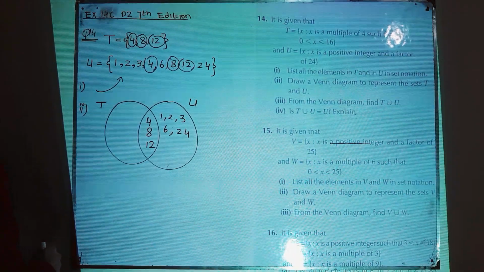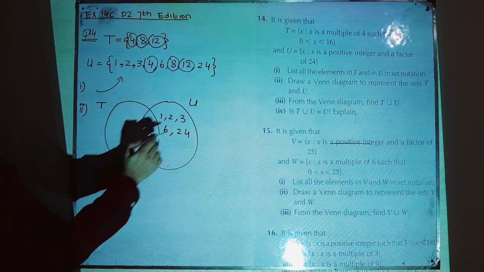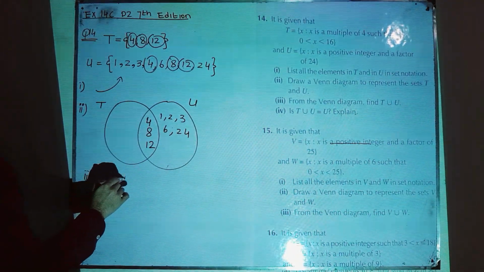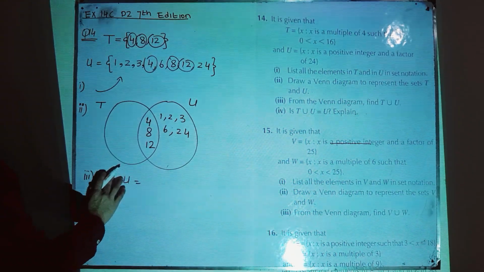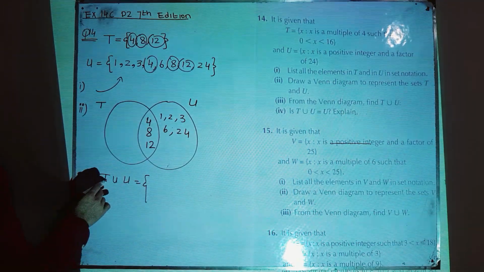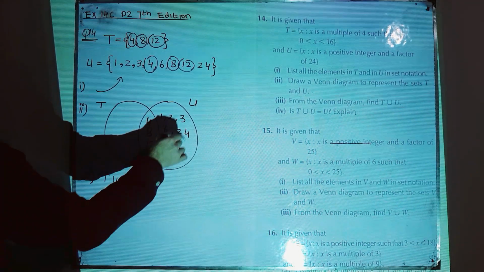Okay, then part number 3, from the Venn diagram, find T union U. Okay, that means you are going to combine the elements of T and U. That means you are going to write all the elements in these 2 circles.